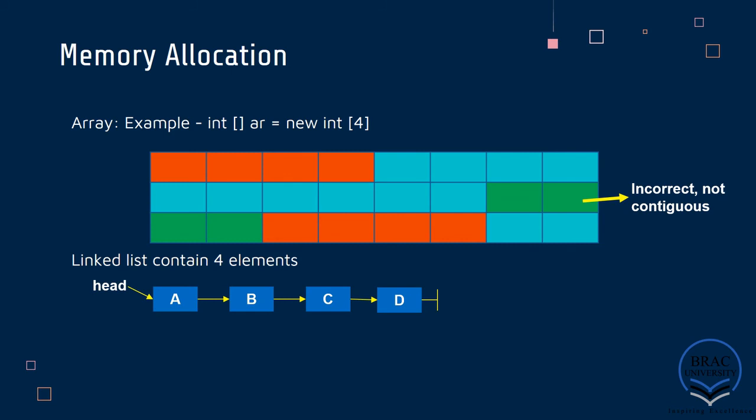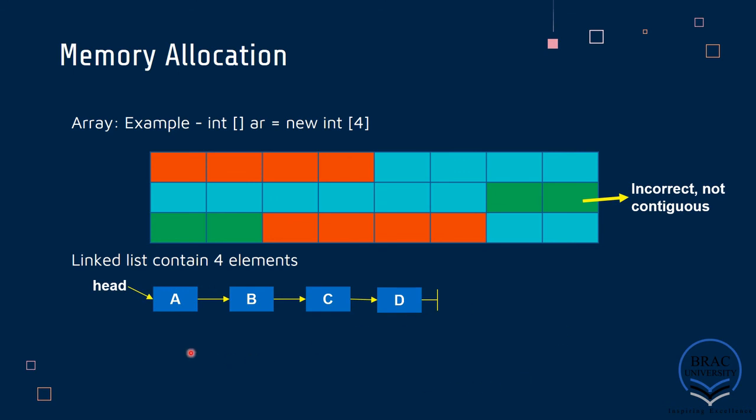What about the linked list? Let's consider this linked list where we have 4 elements: A, B, C, and D. This A is a node. This B is another node. This C is another node. This D is another node, and this sign represents the end of the list, or we can call it a null reference.